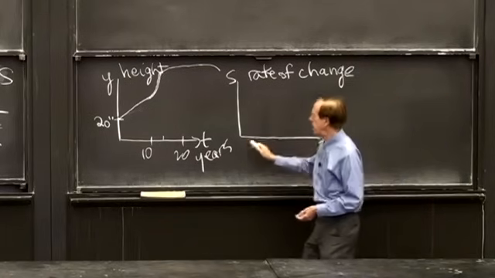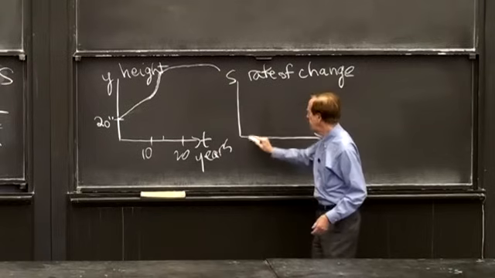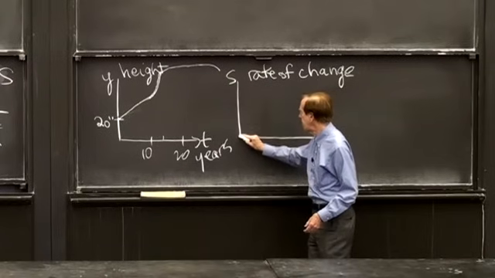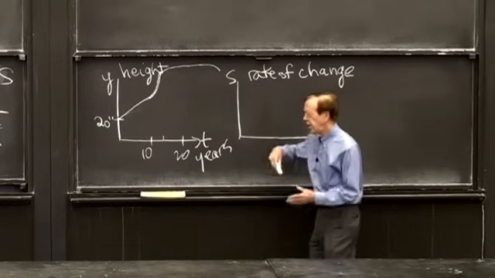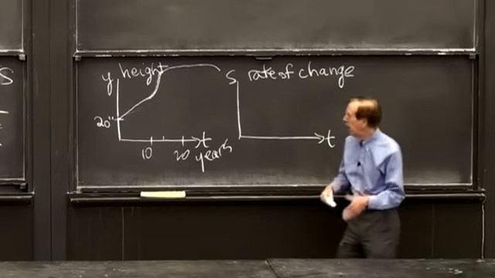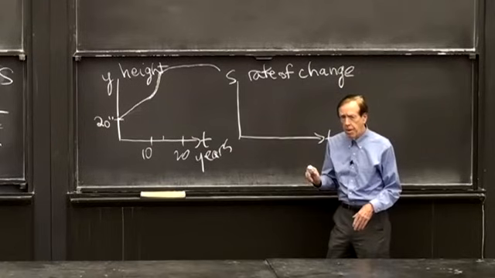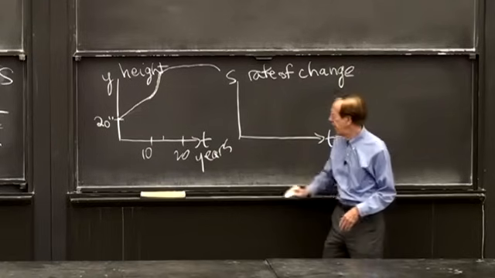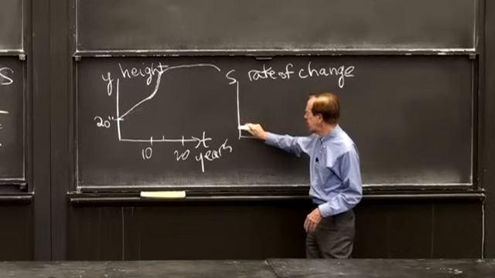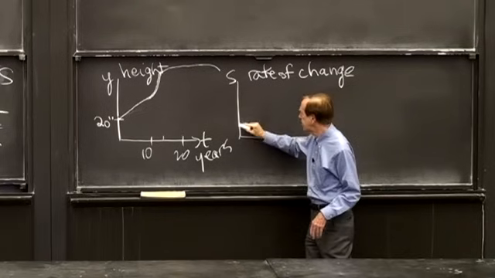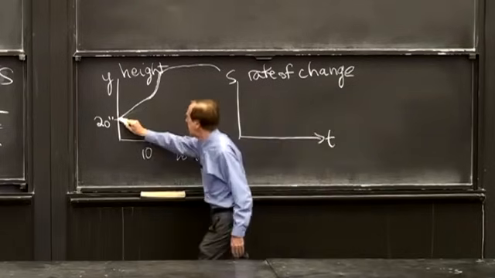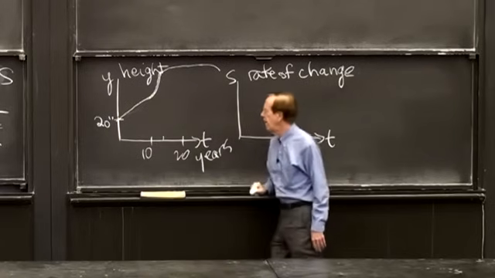So here's now what's happening over here? Well, it's the slope of that graph. This is time 0, but you're growing right away. The S graph, the rate of growth graph, doesn't start at 0. It starts at how fast you're growing, whatever that slope is.